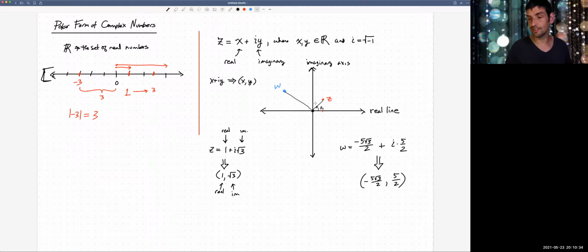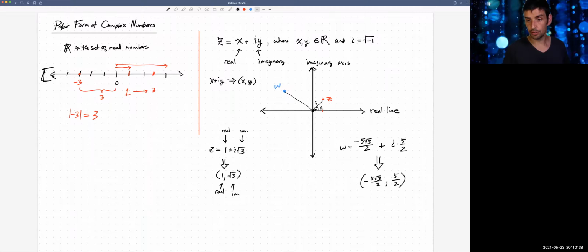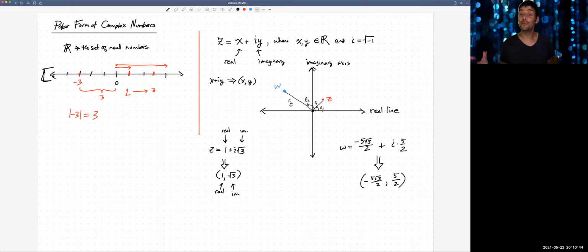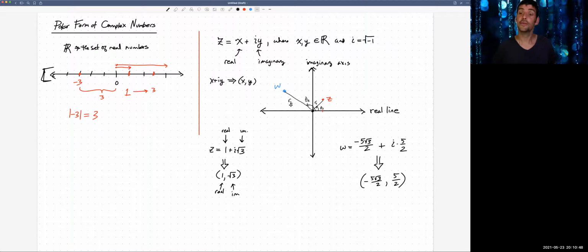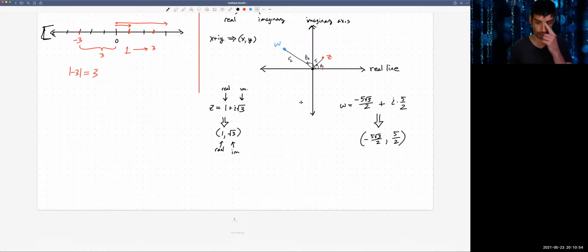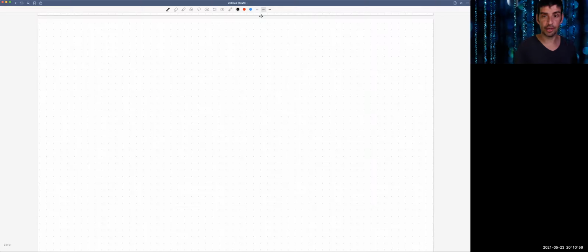And it's some distance away from the origin that I can call r1. w is some other theta, I'll call it theta 2, and some other radius away. And we can describe our complex numbers in the polar form, just like we did when we were describing any points in the xy plane, right?